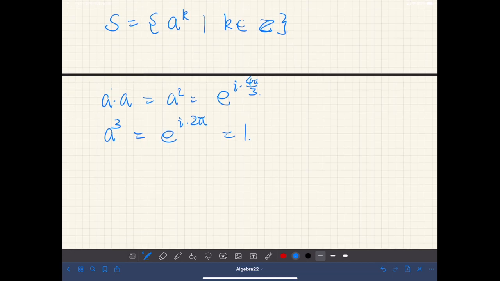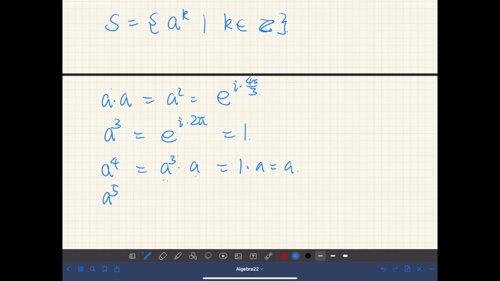So all the higher powers, for example a to the power of 4, is a to the power of 3 times a, but a to the power of 3 is 1, so this is equal to a.